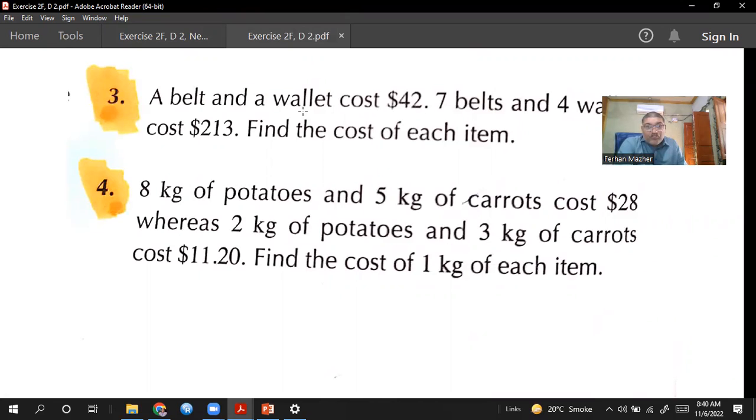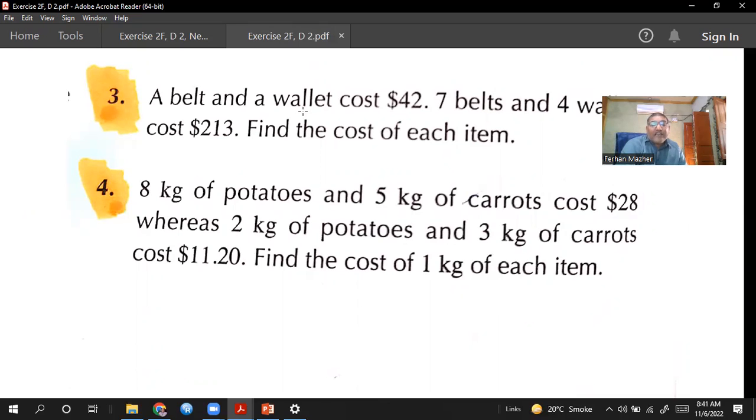The next question is question number 4. It says 8 kg of potatoes and 5 kg of carrots cost $28, whereas 2 kg of potatoes and 3 kg of carrots cost $11.20. Find the cost of 1 kg of each item. Suppose the price of the potatoes is x dollars per kg and the price of the carrots is y dollars per kg.